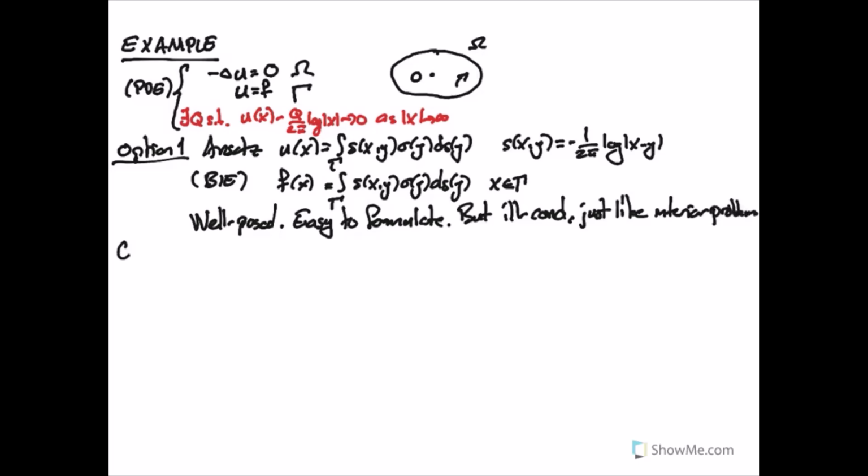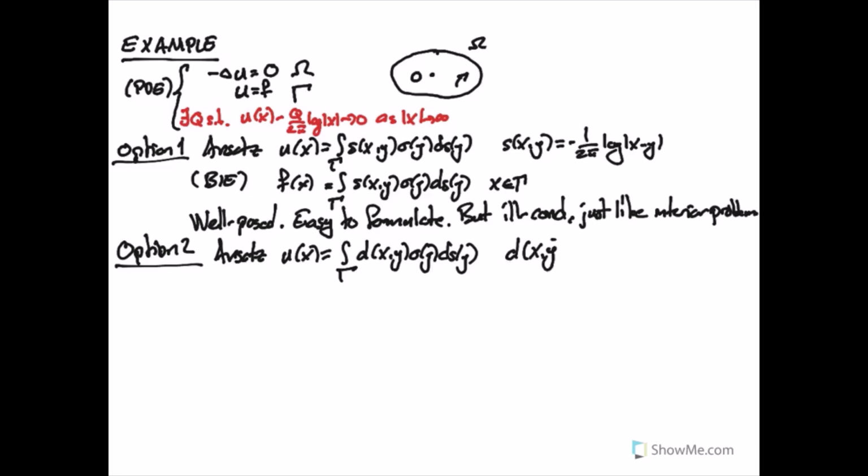So then, the natural thing to do would be to look for a double layer formulation, like this, where the double layer potential looks just like before.